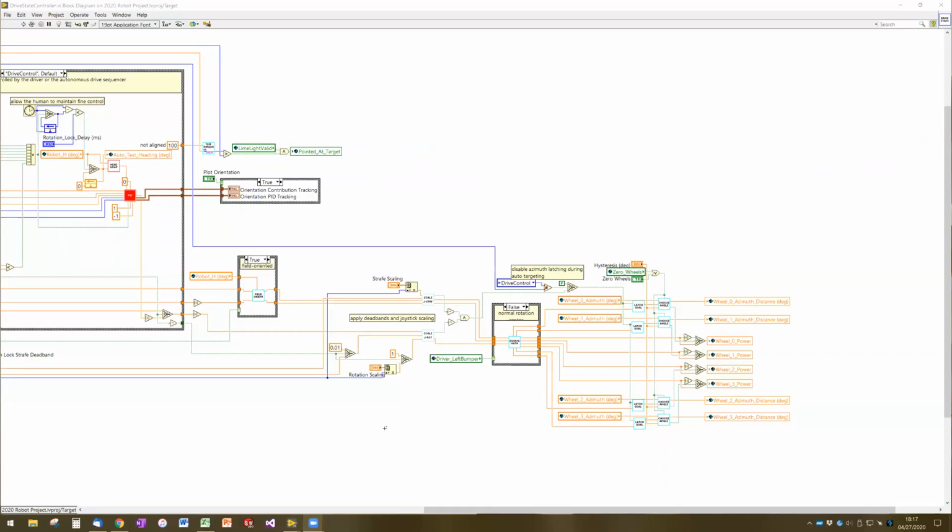We have to get the angular distance. Yep, exactly. So we need to convert the goal angles into an angular distance, specifically the angular distance between wherever we currently are with the wheel and where we want to be.